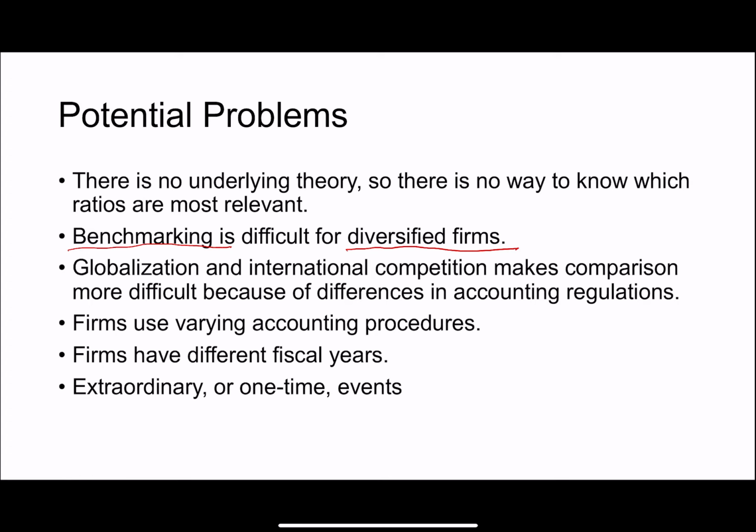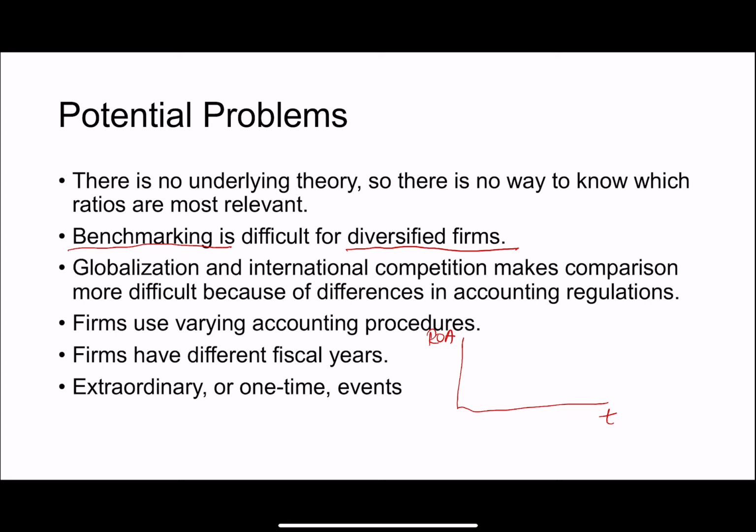And finally, some extraordinary or one-time events may really mess up your calculation at one particular point in time. But that's not a problem because if you do time trend analysis, you will realize that perhaps a certain observation is an outlier. So for instance, if this is my time and this is my ROA.